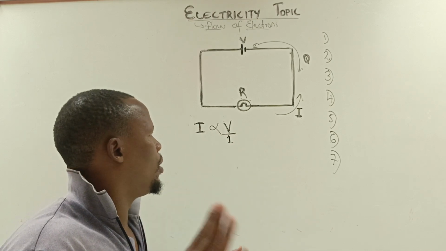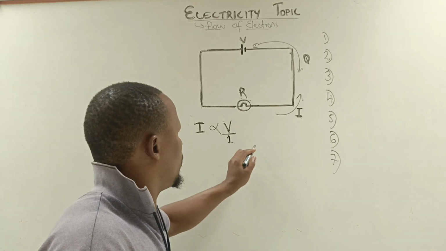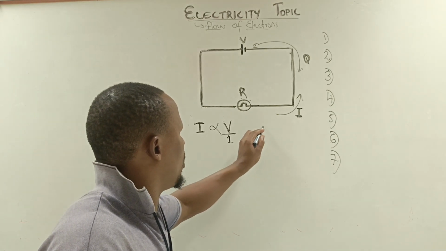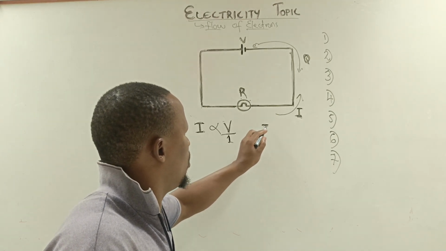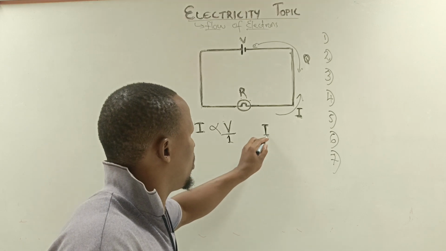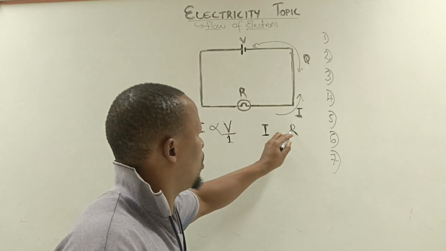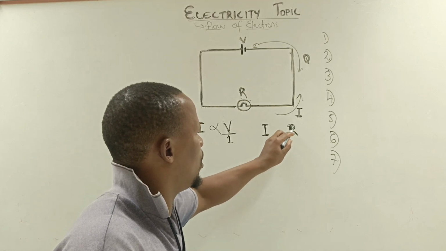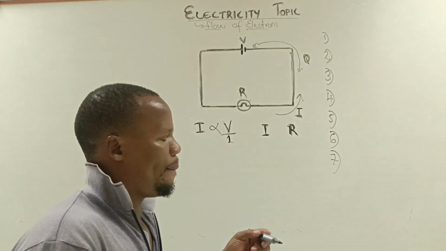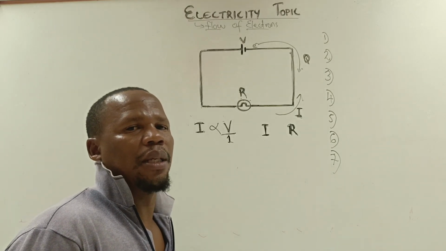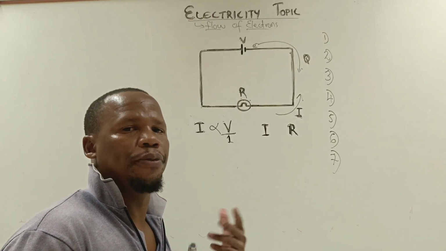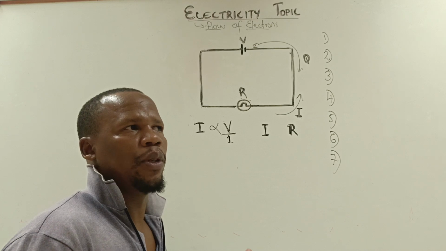And then similarly, I will compare current and resistance. Remember what resistance is: inhibition to flow of electrons.